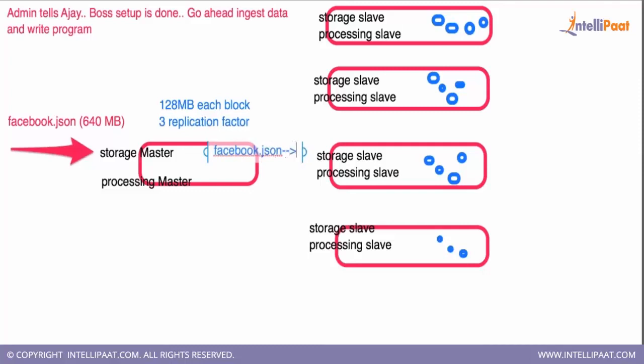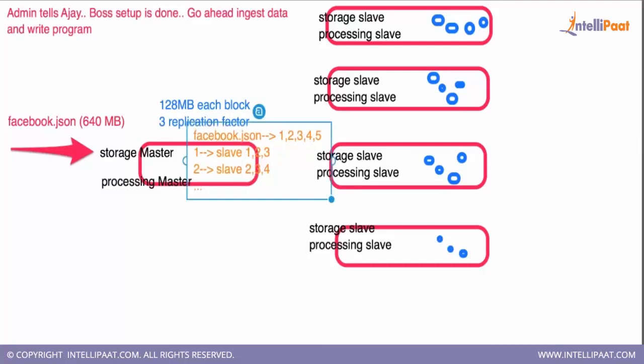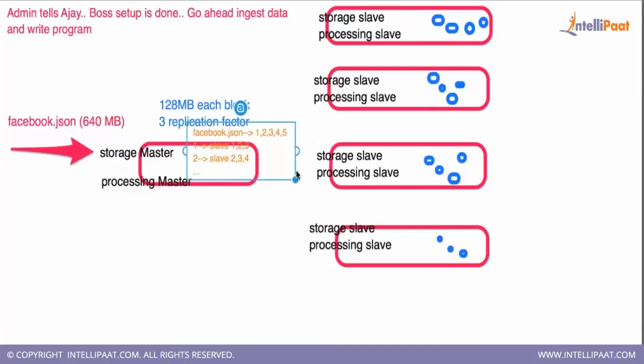The metadata would look like Facebook.json is block 1, 2, 3, 4, 5. Block 1 is present on slave 1, 2, 3. Block 2 is present on slave 2, 3, 4, and so on. So this is what is stored in the storage master.